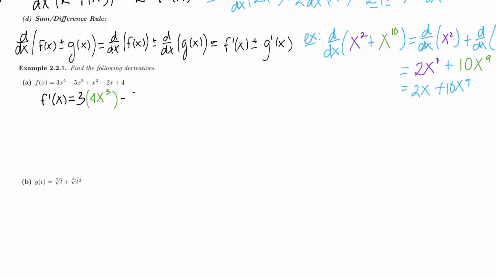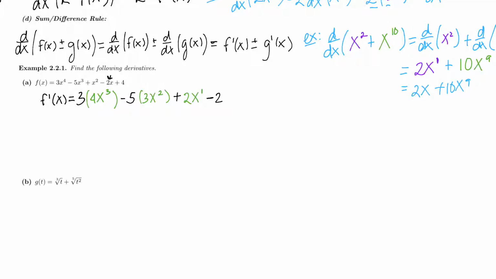For the next one, minus 5, then for x cubed, take the exponent down, and then 3 minus 1 is 2. For x squared, take the exponent down, 2 minus 1 is 1. Minus. Now, here's where it's a little weird. So we have the 2. We're working right now on this one right here.